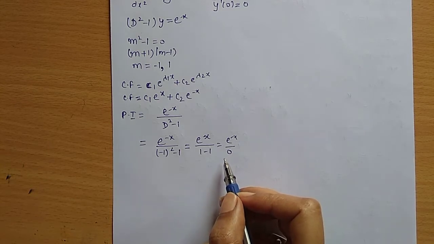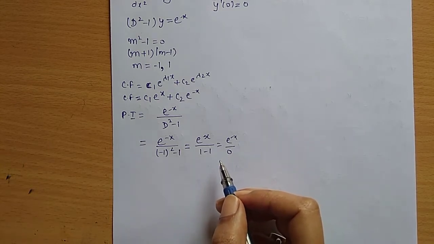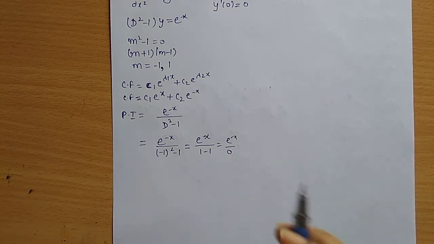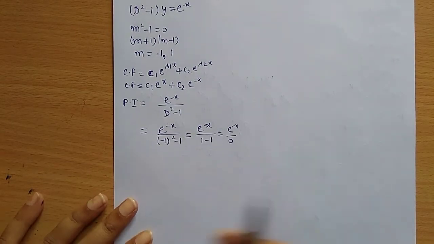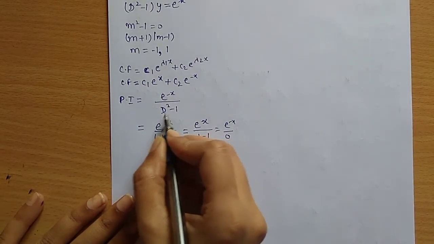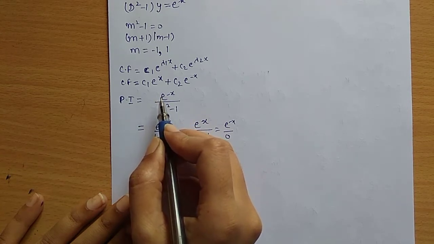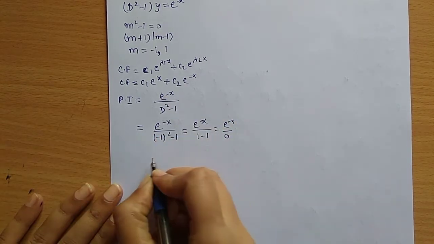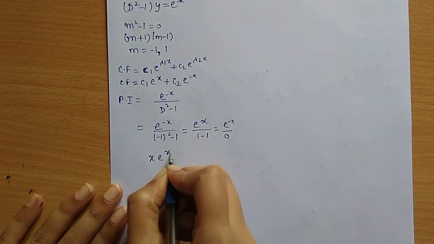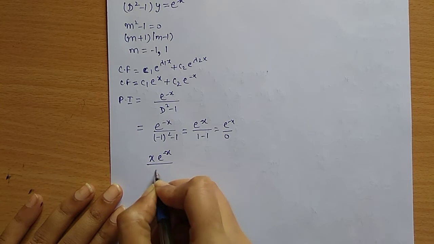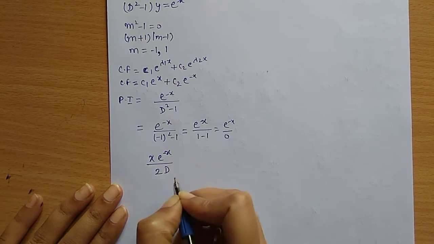It means this is a case of failure, and in the case of failure we have to differentiate the denominator and multiply the numerator with the term x. So the term will become like this.